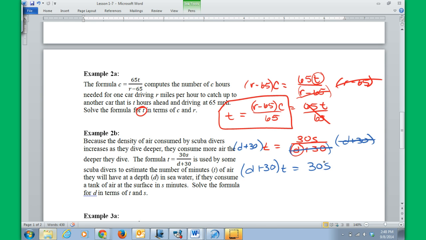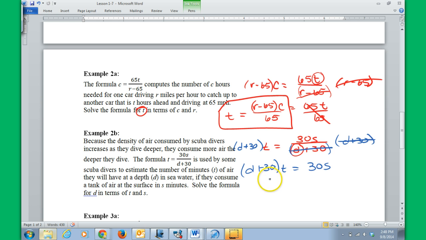Okay, so we could distribute this T, but that's actually adding a lot more work to what we've got to do. We need to get D by itself. So the first thing I want to do is get everything on the outside of this quantity away from D. It's being multiplied by T, so how do I get rid of that?